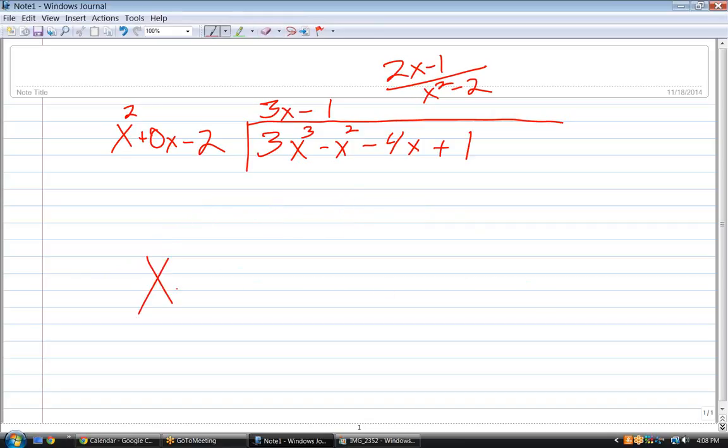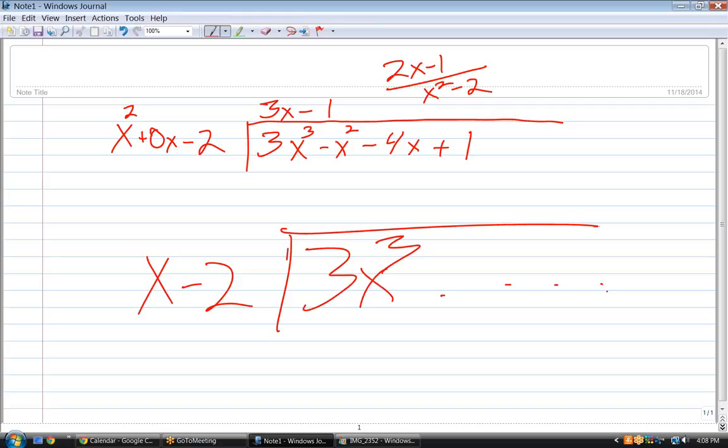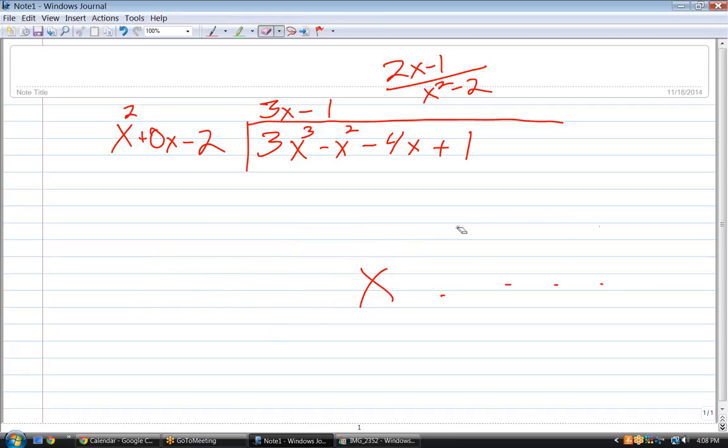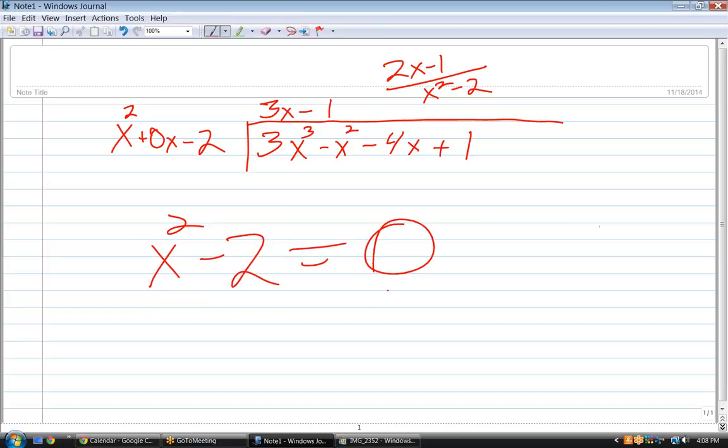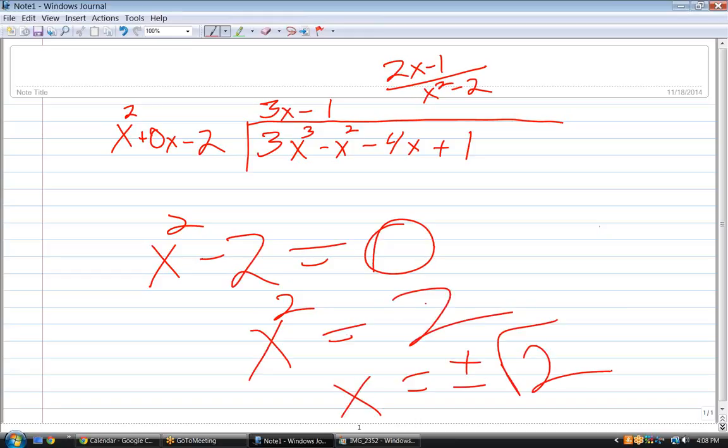If I was dividing by this, and I was going to do it synthetically, what would go in the box? 2? Yes. So if I'm dividing by a quadratic, what should go in the box? The solution to that quadratic. Well, the solution to that quadratic is plus or minus the square root of 2.